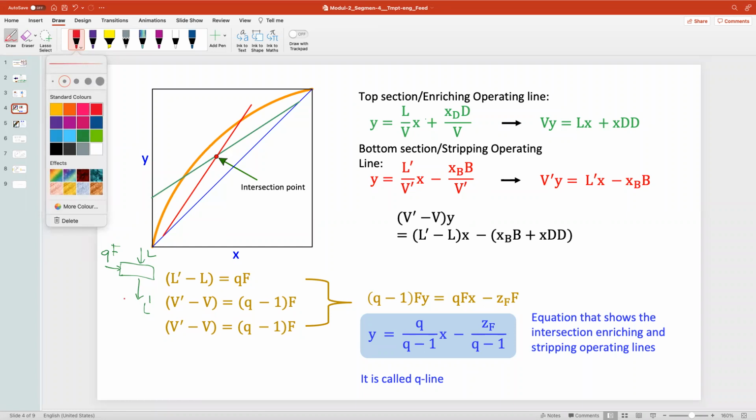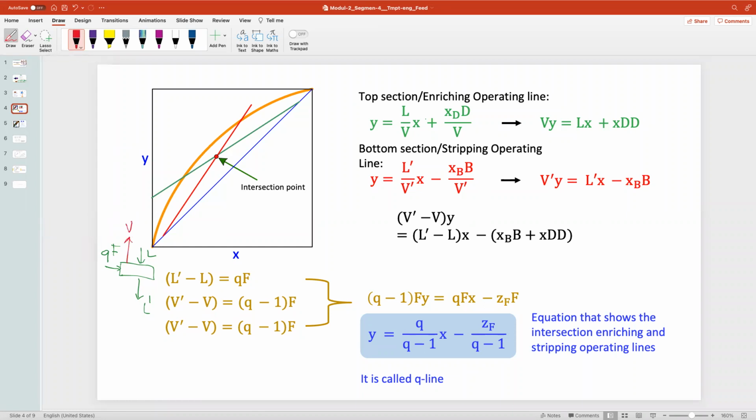If we have V, and also this one is V dash from the stripping, V minus V dash equals the vapor, that is Q minus 1 of the feed, because it actually starts from V minus V dash equal to feed multiplied by 1 minus Q. The vapor fraction, since Q is the fraction of the liquid.